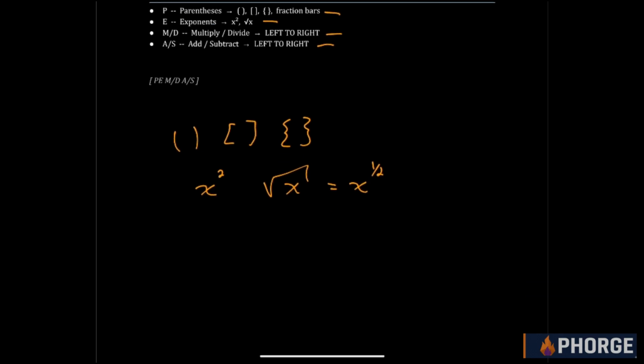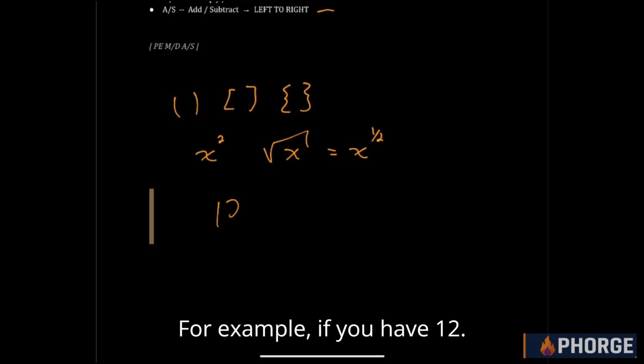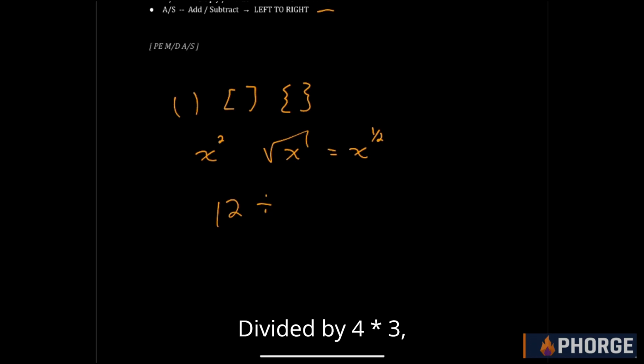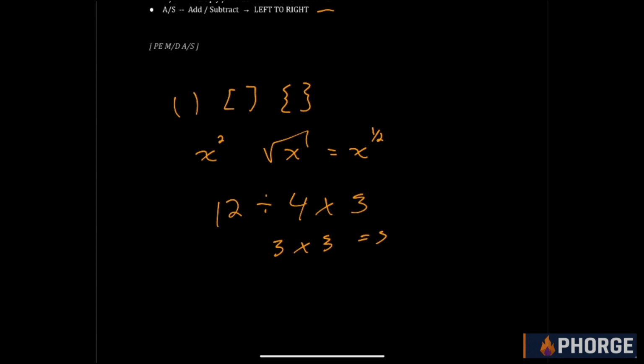For example, if you have 12 divided by 4 times 3, you just do 12 divided by 4 is 3, times 3 is equal to 9. You don't go 4 times 3 is 12, and then 12 divided by 12.